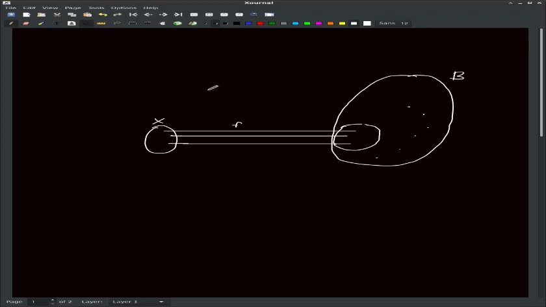Okay, there can be several other representations also. So there can be another 3 element set, and there can be another map, say X prime and F prime, and there can be many others, right? But I'm just saying each one of them is a representation. Okay, so that's what I'm saying.